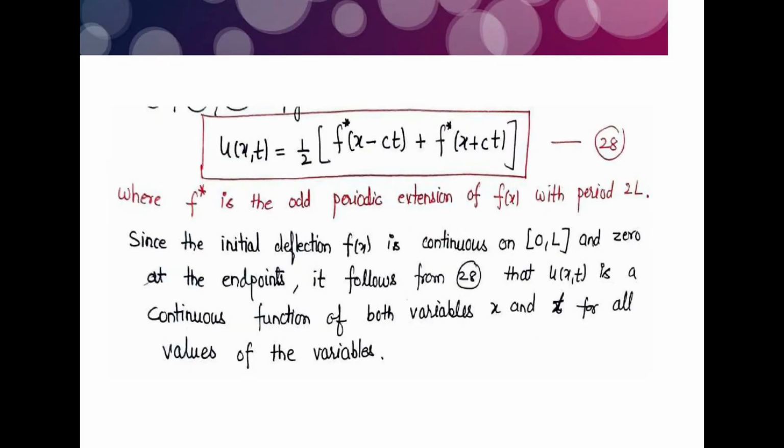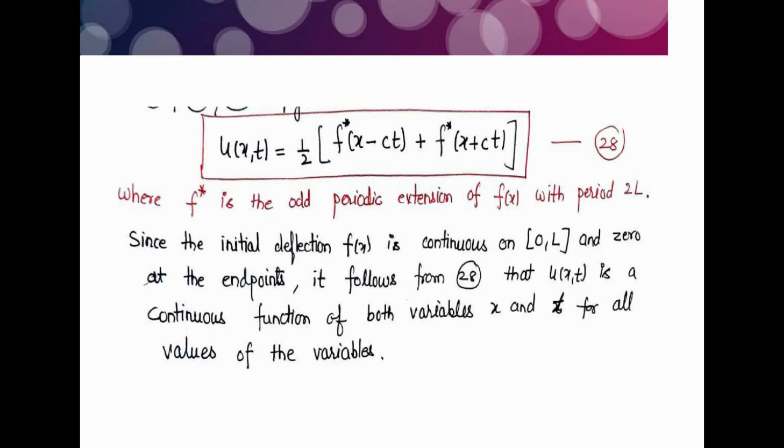So finally, the deflection in the string when the initial velocity is 0 is given by equation number 28, where this f star is the odd periodic extension of the function f of x with period 2L. So equation number 28 is now a very much simplified form of the solution of the one-dimensional wave equation for the case when the initial velocity is 0, and just by using the initial deflection we can find the position or the deflection in the string at any point x at any time t.